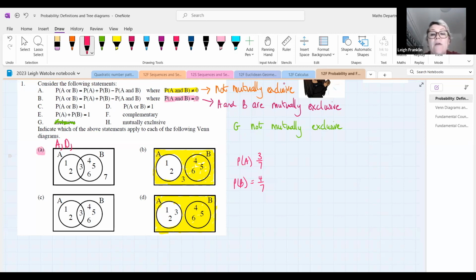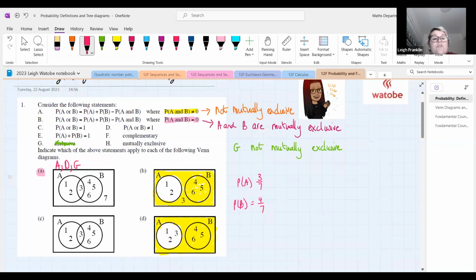So I think the only other thing that I would say here would be G. For this one, that they are not mutually exclusive. Okay, let's have a look at the next one.